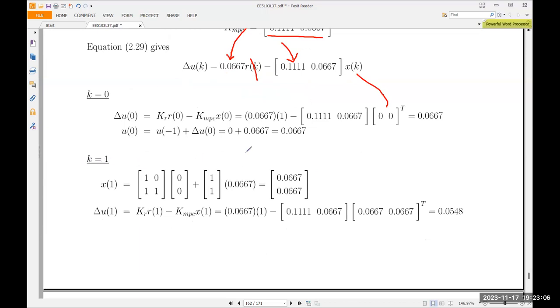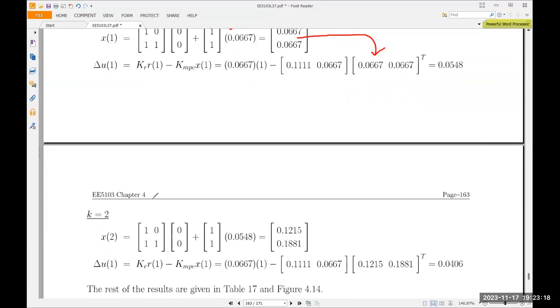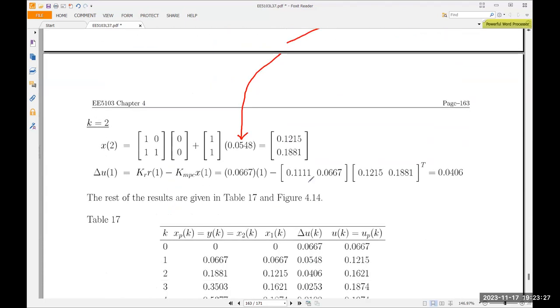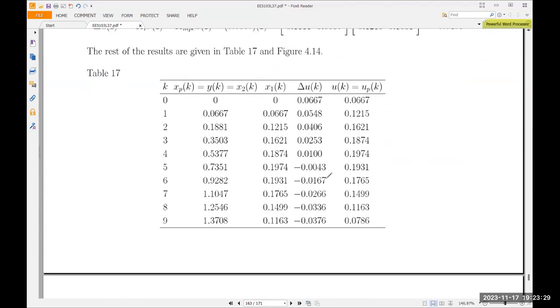K equals 1, you take this inside here, calculate, you get X. So you do this here. Delta U1 is this. Then after that, you basically just continue and continue. The steps, the answers are all given here.